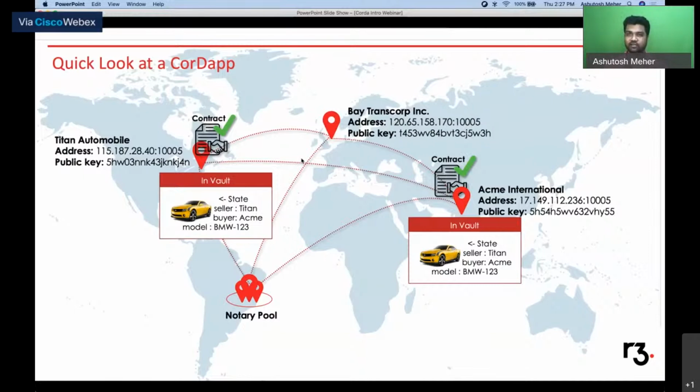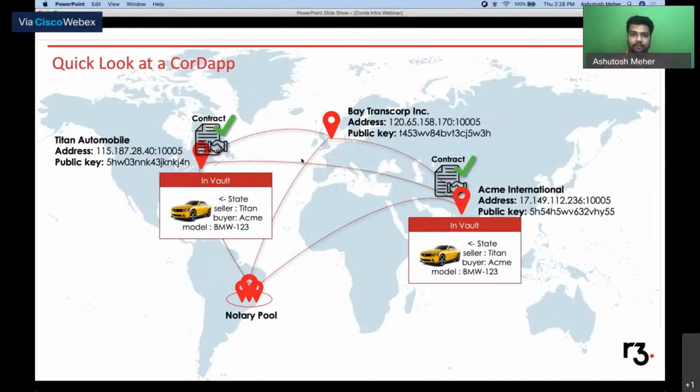All these business validations are put inside a contract. So every state will be tagged with a contract. As and when these states evolve, you have to check whether these contract rules are validated or not. Every time your contract rules are not validated, we don't accept that as a valid transaction. So we have states, which are your assets, and contracts, which are the business rules which govern the change of that state.